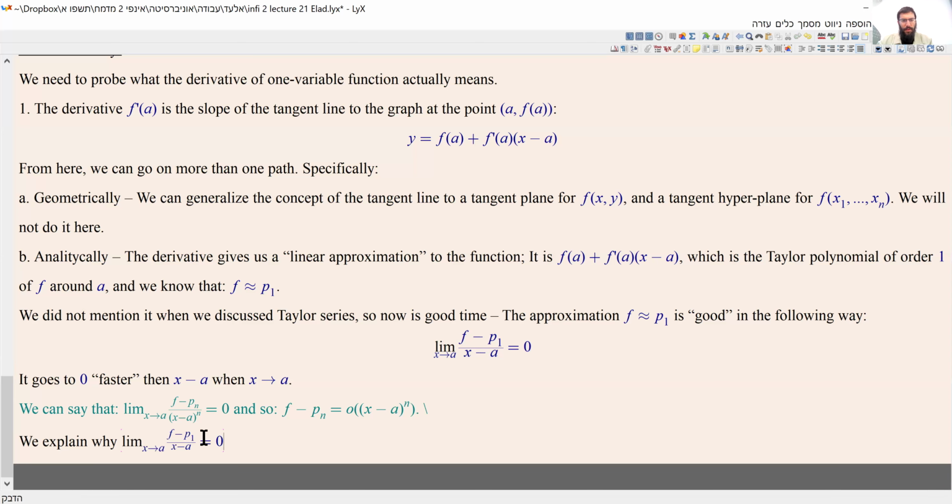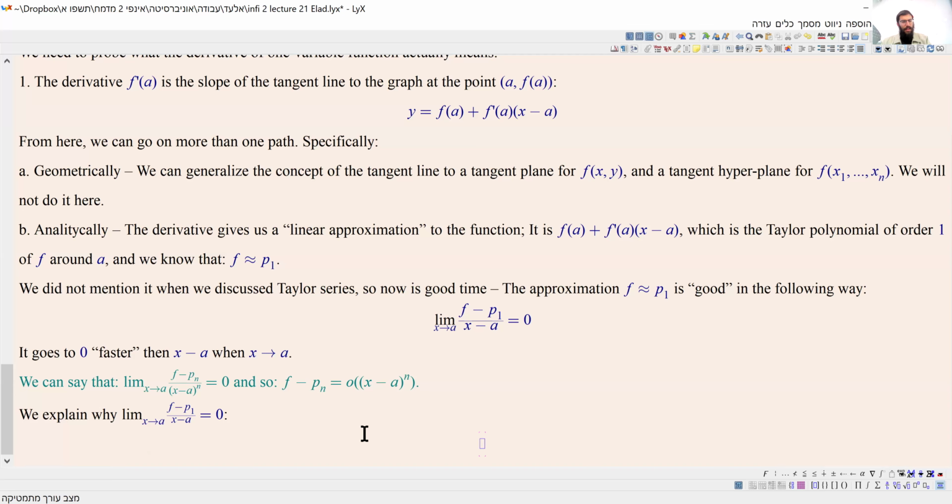I'm not going to explain the general case, and this explanation I will put in teal color as well. But here it's pretty simple. The (f minus P1) over (x minus a) is actually f(x) minus P1, that friendly fella, over x minus a. We have two summands.